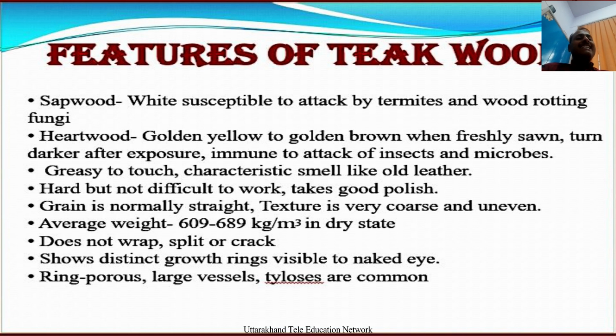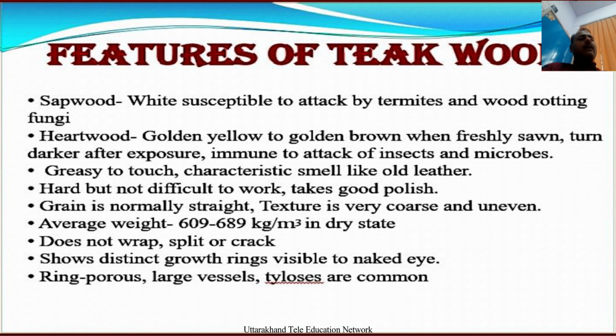It is greasy to touch and has a characteristic smell like old leather. If there is construction using Tectona wood, it slightly smells like old leather. The wood is hard, but it is not difficult to work.